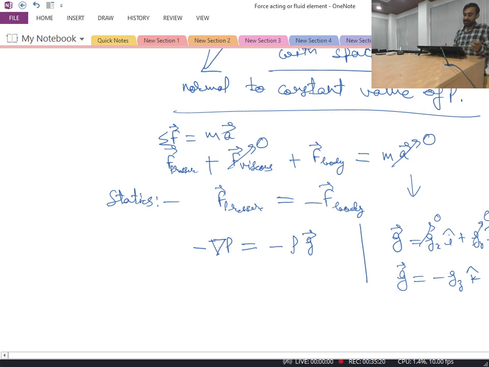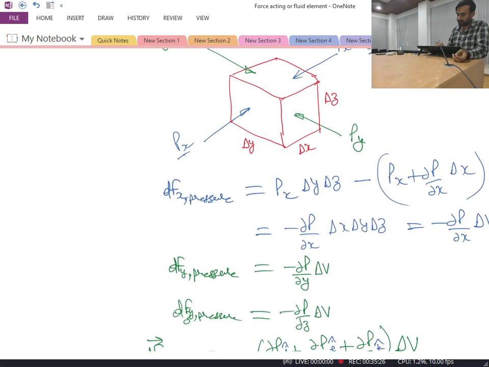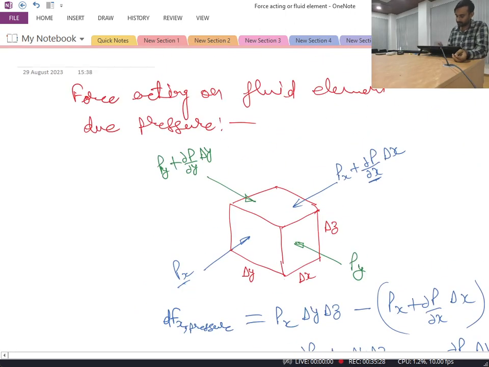Similarly, if I talk about the pressure, whenever I have defined this fluid element, I have considered these horizontal directions. So this is my x, this is y, and this vertical is z. So x and y are lying on the same horizontal plane, so their elevation is not changing.